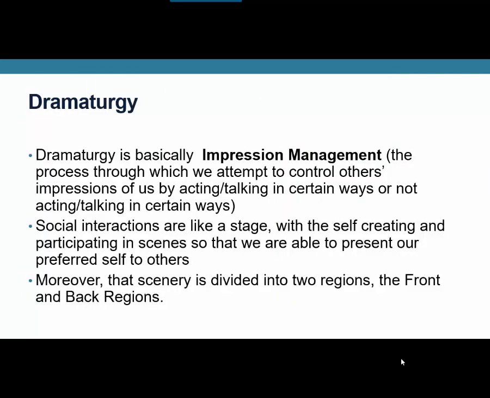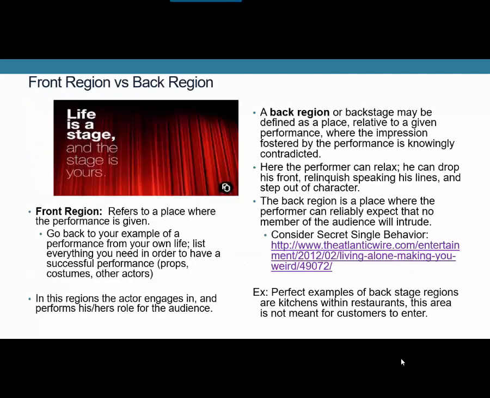And so in this way, dramaturgy is just basically impression management. Most of us want a successful role performance. We want a successful performance in the sense that we want people to agree that we are doing a good job performing our role. And so we make decisions in the front stage or the front region in order to ensure that this is the kind of audience perception of us.